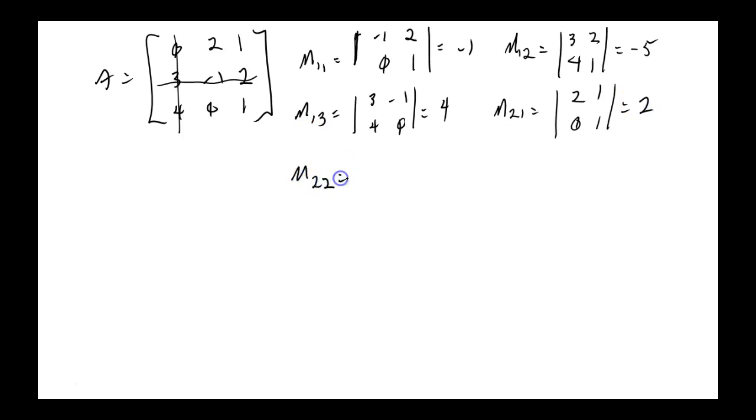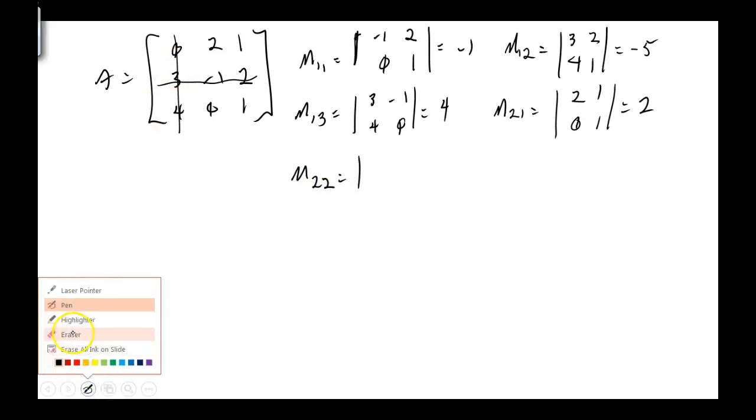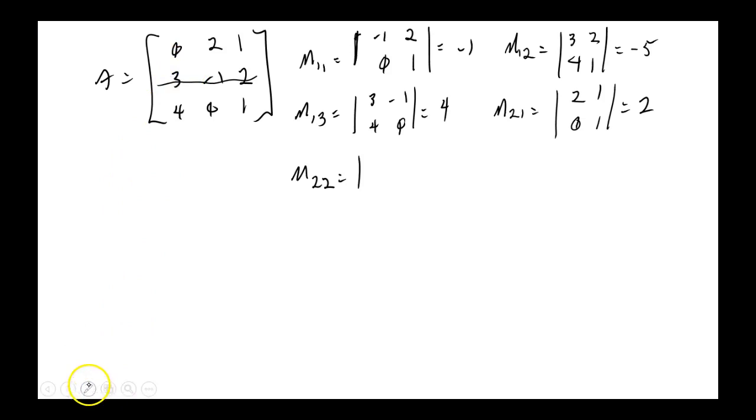M22. And this time we'll eliminate the second column. Okay. And what do you have there? 0, 1, 4, 1. What does that give you? Negative 4. Perfect.